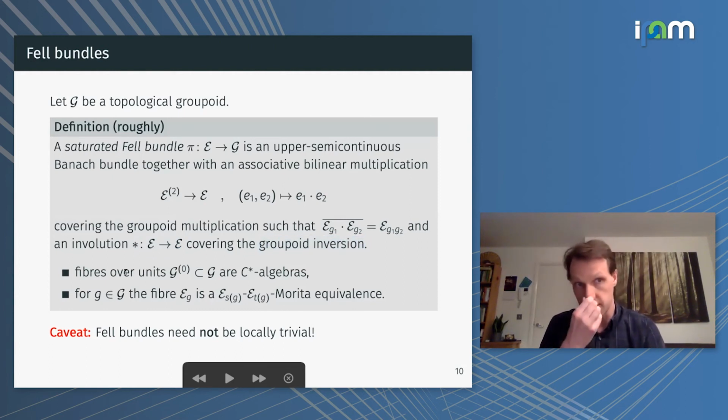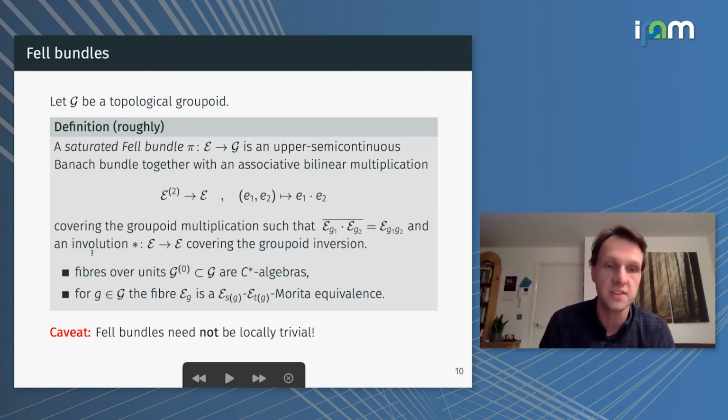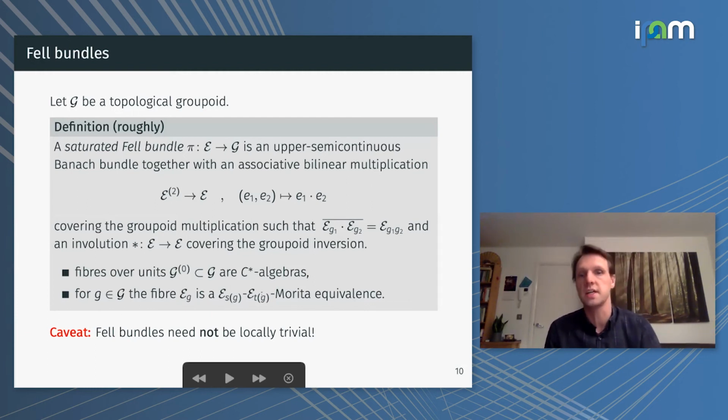And then there are lots of axioms that these two structures need to satisfy, but roughly what they say is that the fibers over the units of the groupoid should be C-star algebras, and the general fibers should be Morita equivalences between the source and the target C-star algebra.